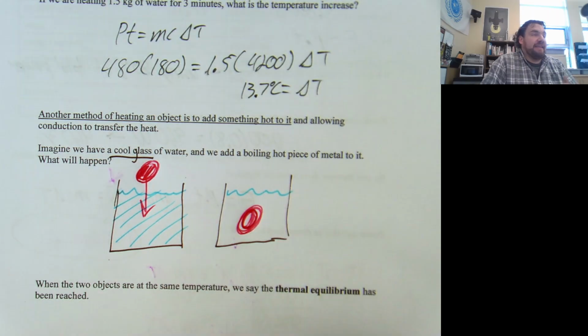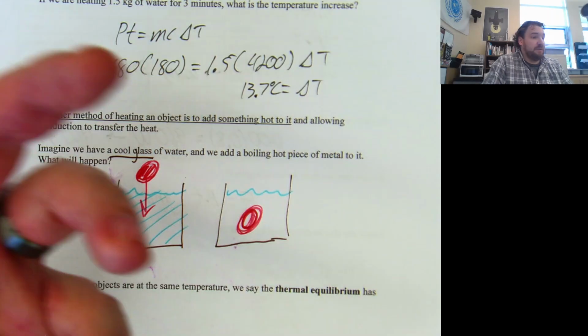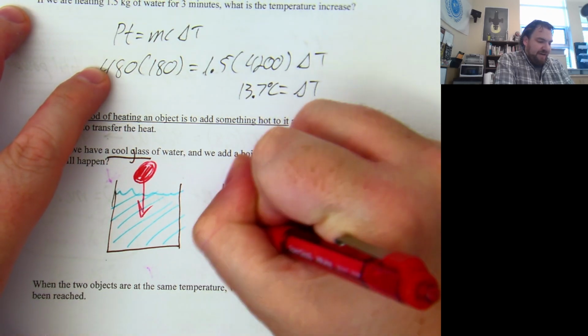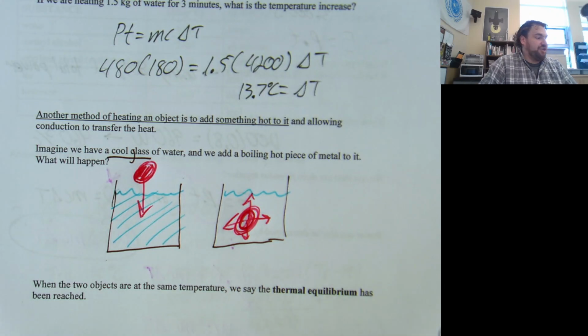But in the interim, think about where the energy is and what the energy is going to do. What's going to happen to all of the thermal energy in that hot object? It's going to leave the object and go where? Into the water. Thermal energy is going to flow from an area of high thermal energy to low thermal energy until when?